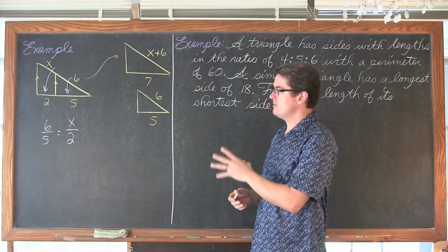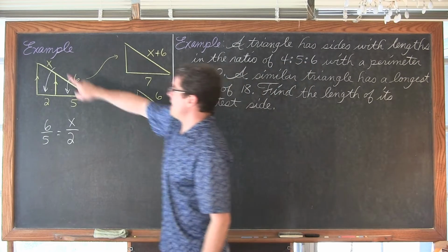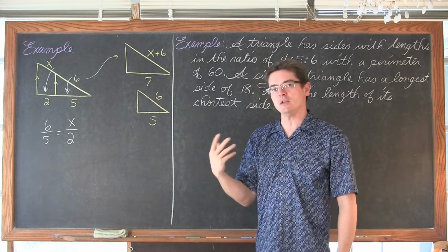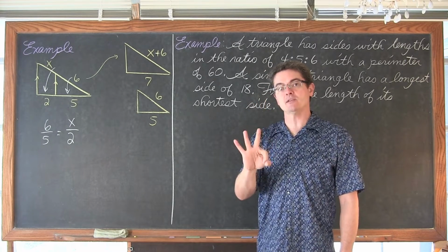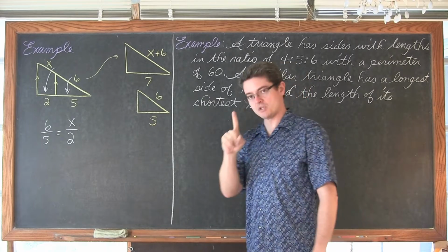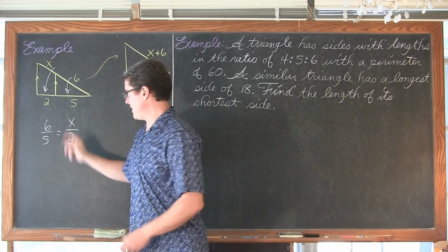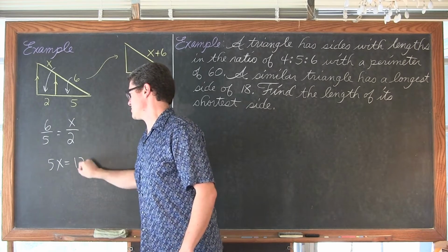Now, again, it's okay to do that with this particular problem because the x and the 2 are parts of the large triangle. It's not like the previous example where I had 3 full lengths and only one number that was just a part of a length. When we do this, we're going to get 5x is equal to 6 times 2, which is 12.